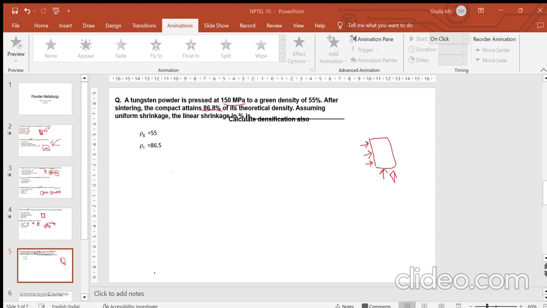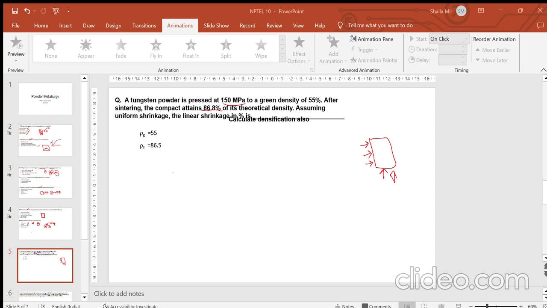So I think we will have a value of delta L by L equal to 0.14. So this is your linear shrinkage, in terms of fraction. This is delta L by L, the change in linear dimension L with respect to the total dimension L, so it is equal to 14%. So you can say that we'll have a linear shrinkage of 14% based on this data.